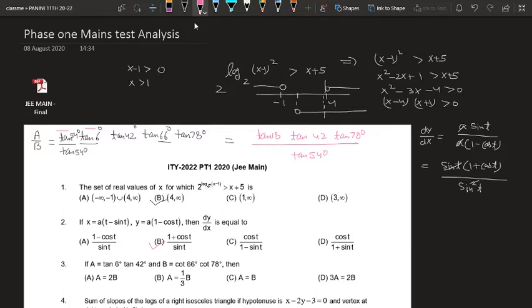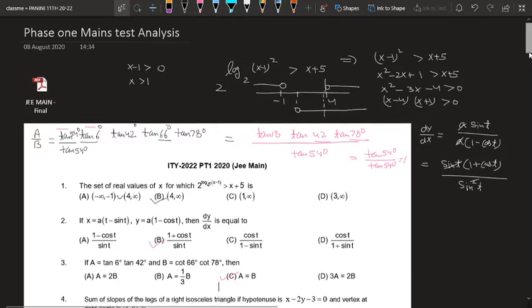Now if you apply the same formula again, 60 minus 18, 60 plus 18, and 18, that means tan 3a where a is 18 degree, tan 54 degree over tan 54 degree, answer is 1, that is a is equal to b.